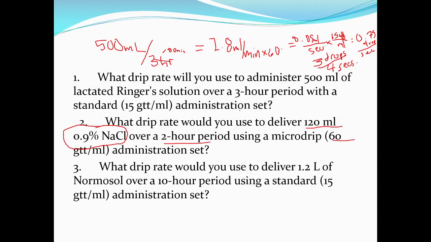So go back to this, 120 mils. 2 hours is 120 minutes, 2 times 60. So 120 divided by 120 is going to be 1 mil per minute, or 1 mil every 60 seconds.